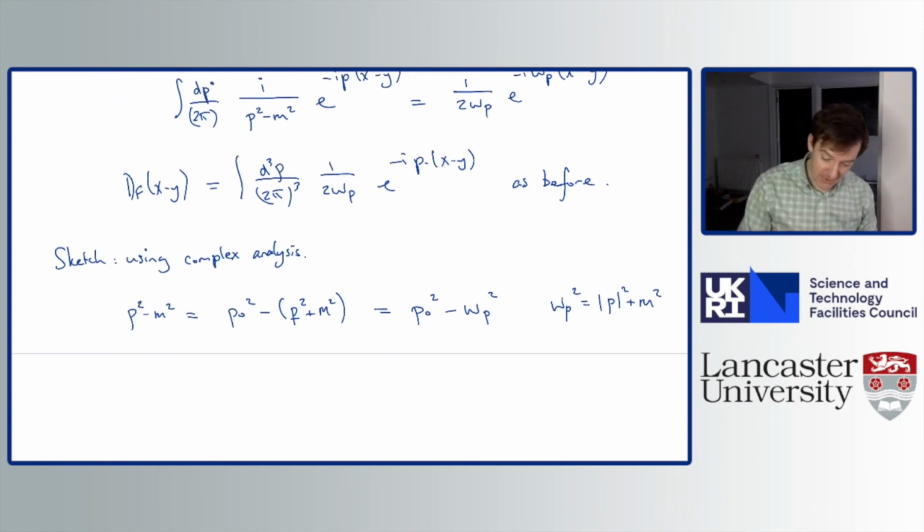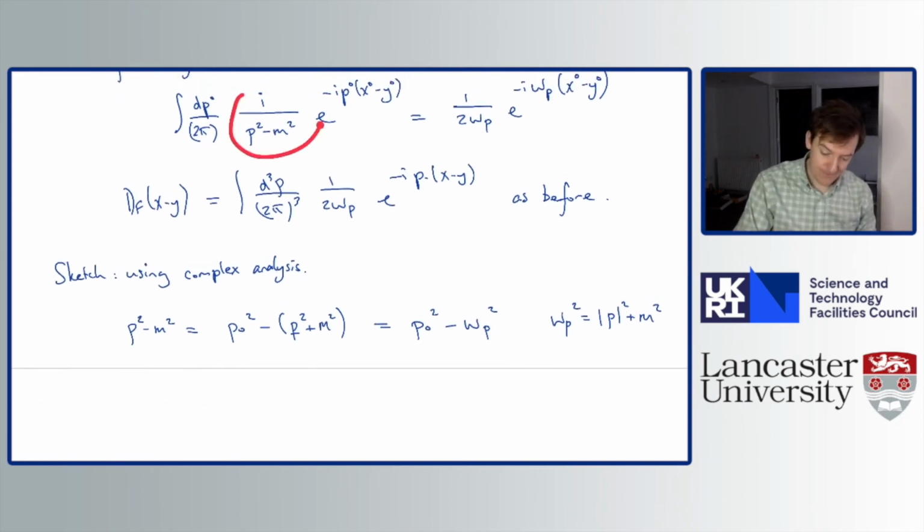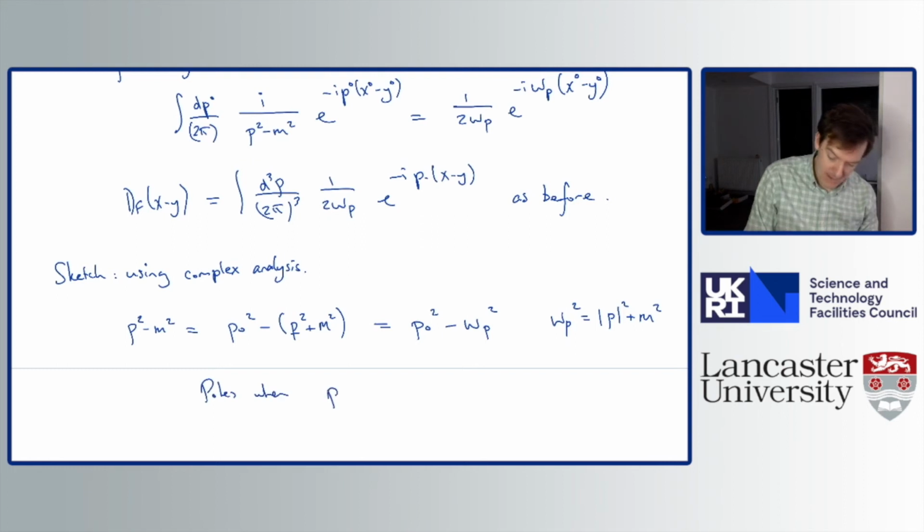So we see that there are going to be poles in this expression when p₀ is equal to plus or minus ω_p.